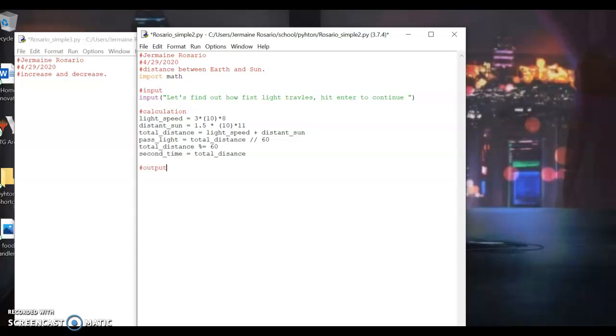And now is the output. We print ray of light passes the distance from the sun to the earth, comma, then to get an integer, we do int, then the passage of light, and then we have to specify for minutes.